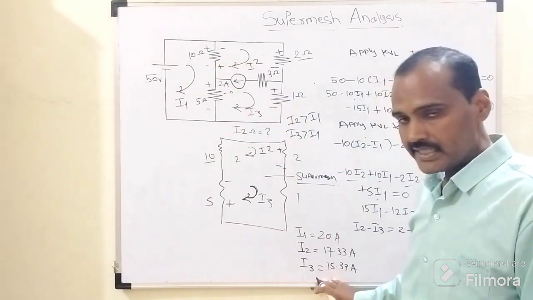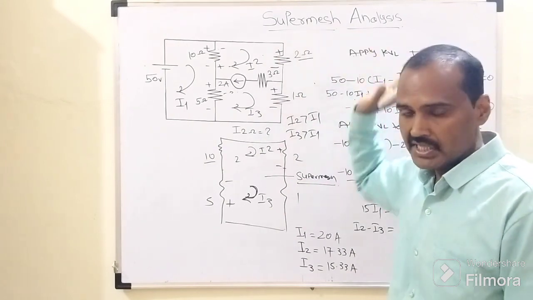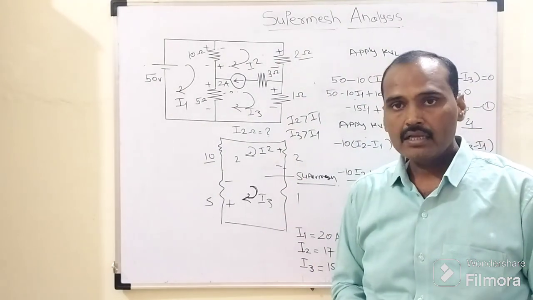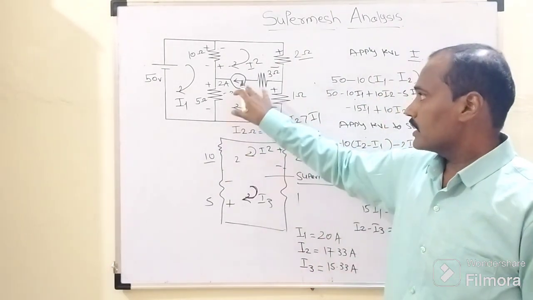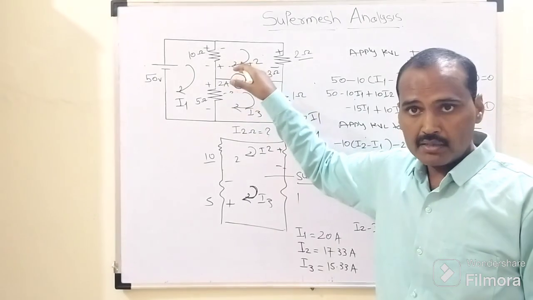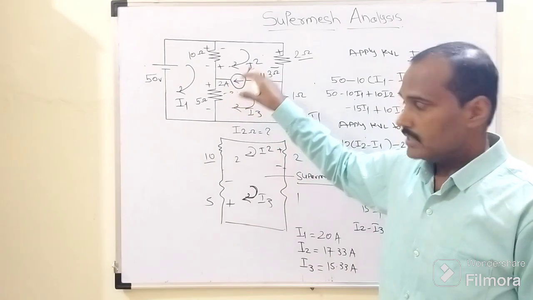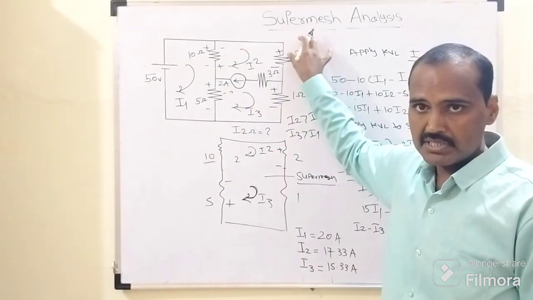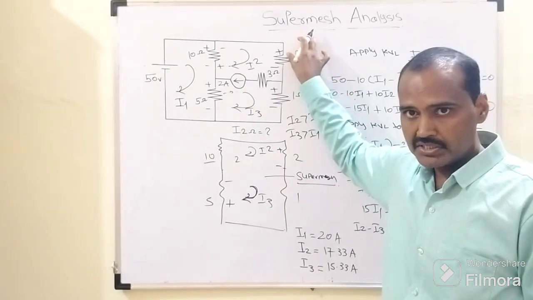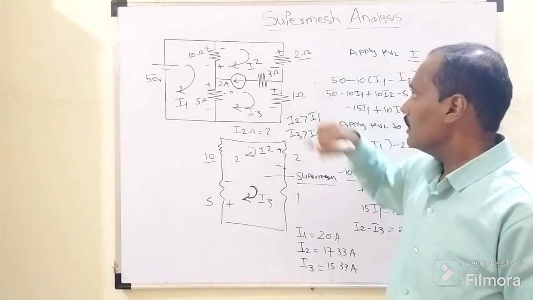All these three mesh currents are tabulated with the help of the super mesh analysis terminology, right? Whenever a particular current source is associated with multiple loops, in order to realize this circuitry, this technique is used, whose name is the super mesh analysis technique.